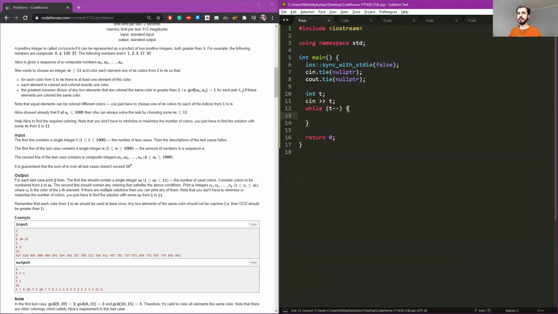So she has several numbers up to 1,000. At most 1,000 of them, because it does not make sense to have repeated numbers.